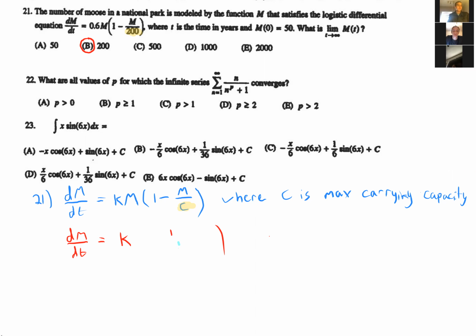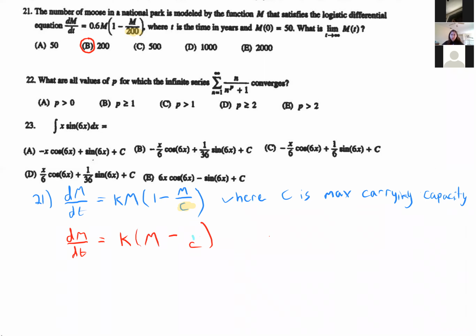I want to make the 1 in M. So when I make the 1 in M, it would look like this minus, let me divide this by M. We get 1 over C. The variables are really messing with me right now.